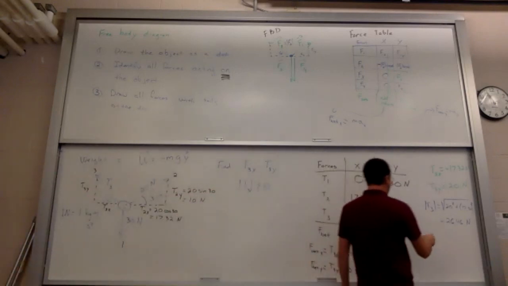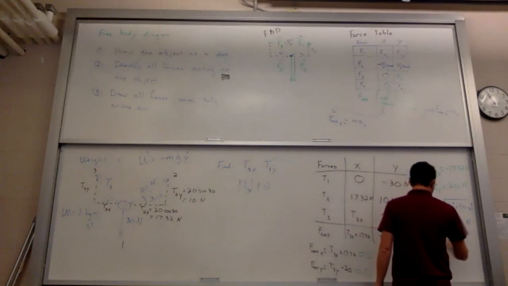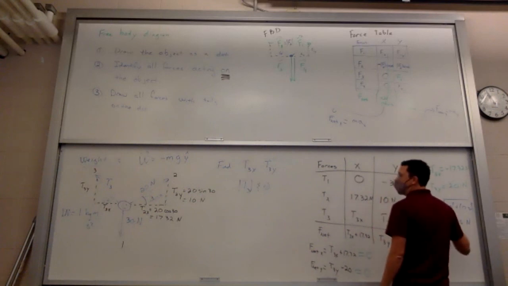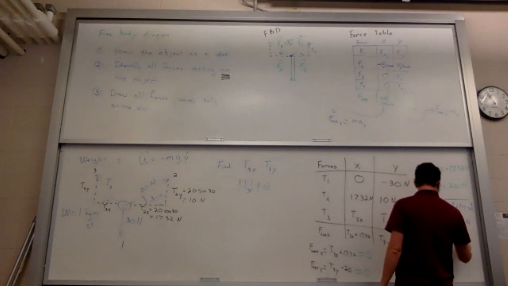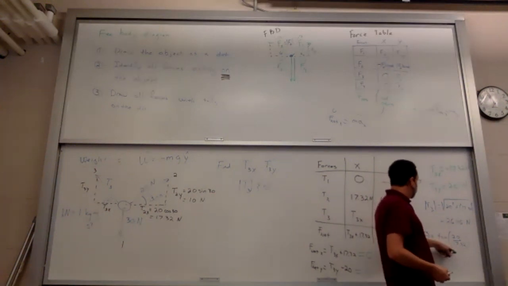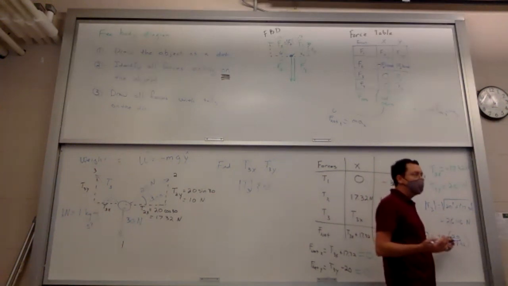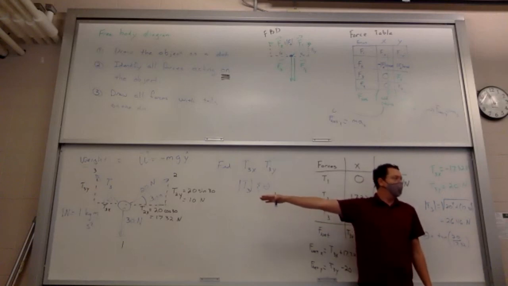So I would say that theta is inverse tan of y over x, so that's going to be 20 over 17.32. I'm not worried about minus signs because I know that I want the positive answer between 0 and 90, so I don't worry about it.